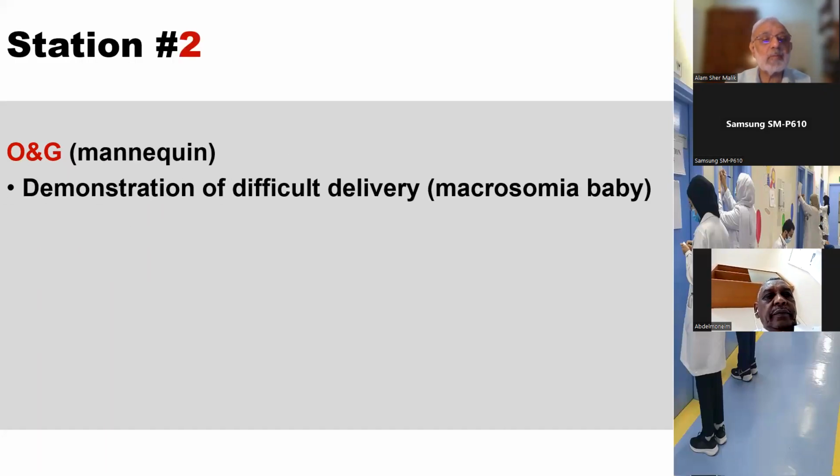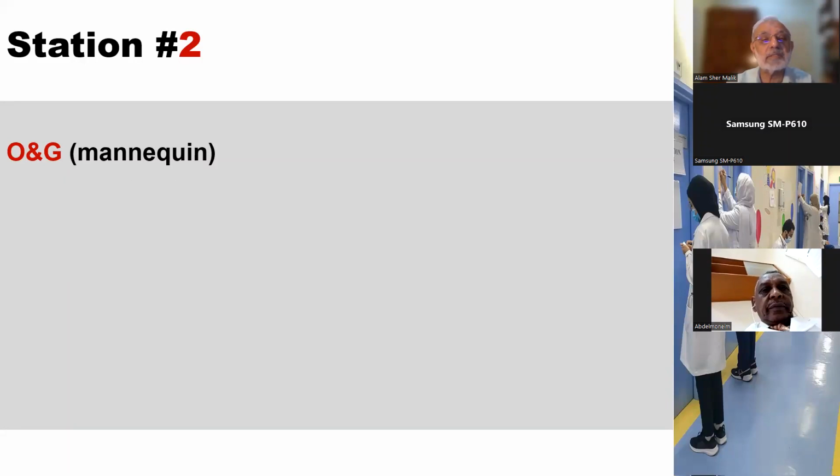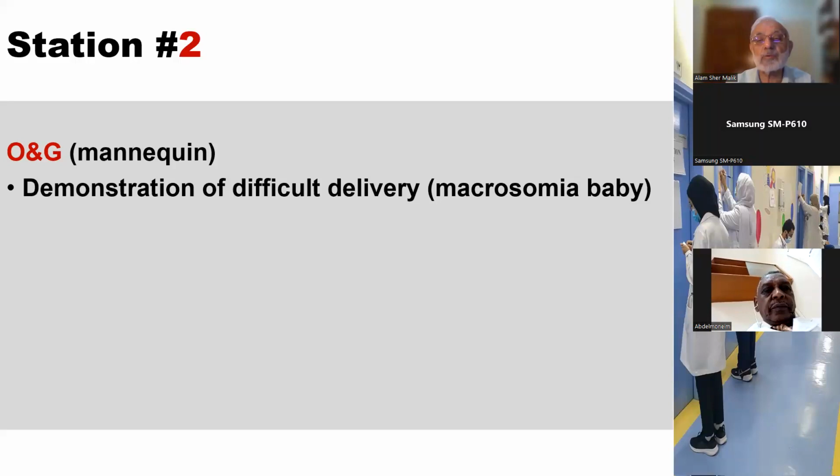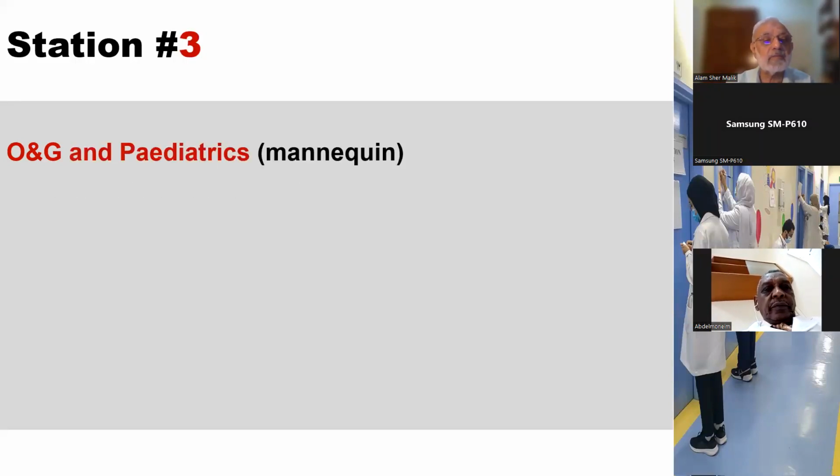Station 2 may be using a mannequin, demonstration of difficult delivery, because the mother has diabetes, so there is macrosomia, and that would lead to difficulty in delivery.